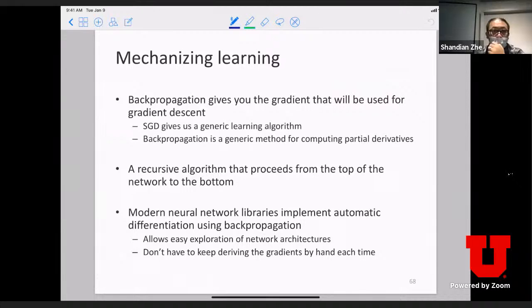There are many libraries that use similar ideas to implement backpropagation, but of course they are implemented in a much more numerically stable and much more efficient way. For example, they combine all the matrix computation operations together.